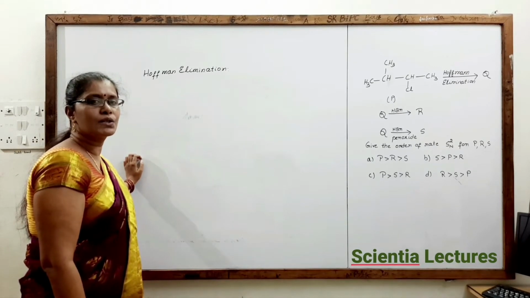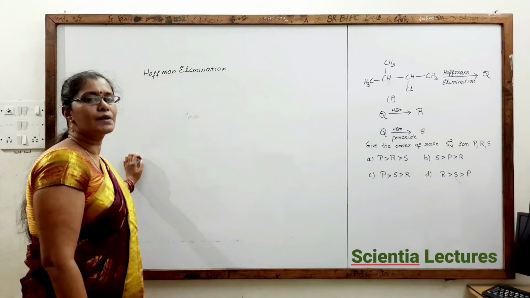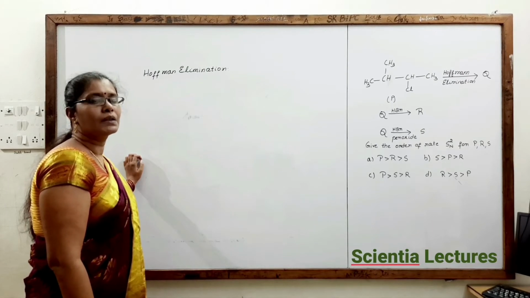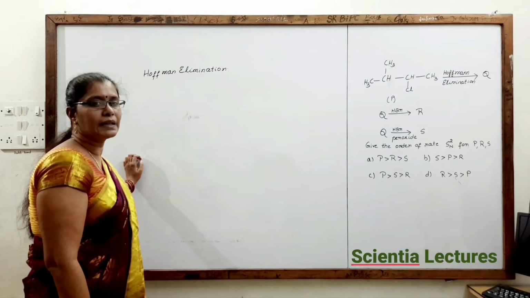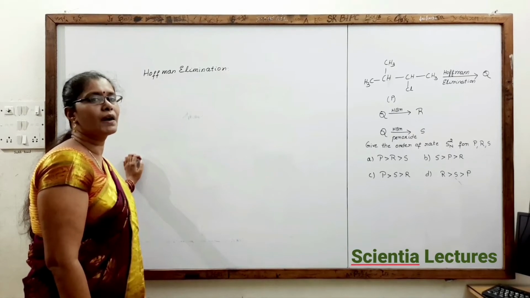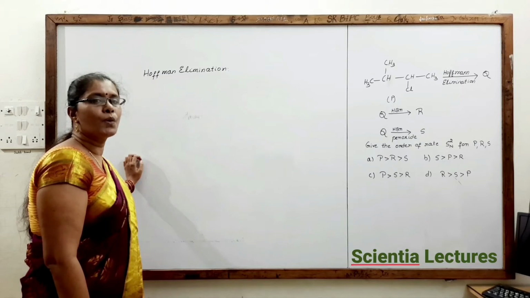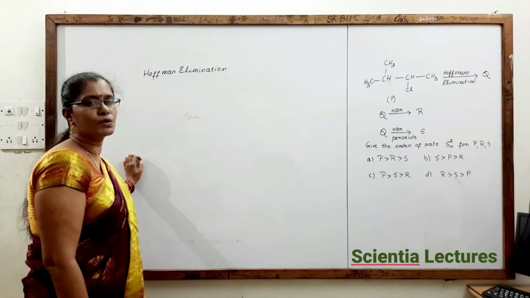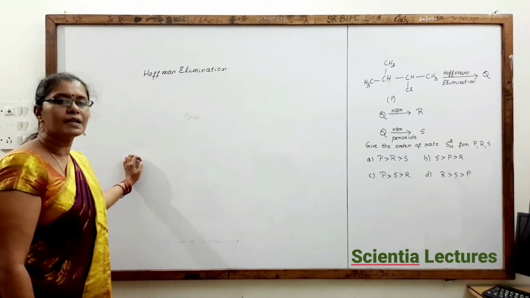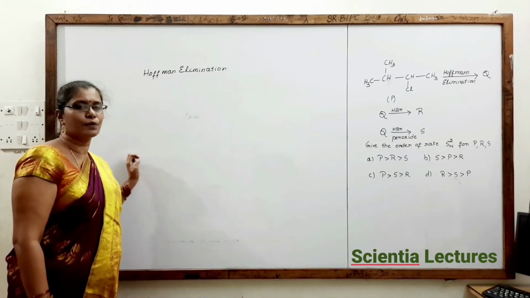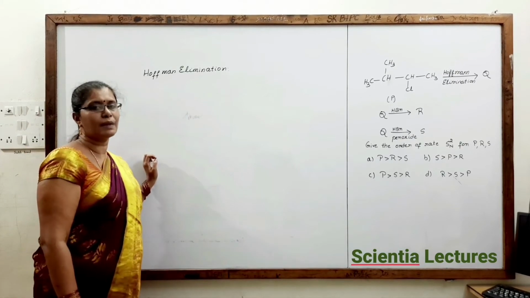What is Sedgwick's rule? Beta hydrogen from the carbon which contains less number of hydrogens, if it is eliminated, we do get more stable, more conjugated alkene. That is Sedgwick's product and Sedgwick's rule for the E2 elimination mechanism.